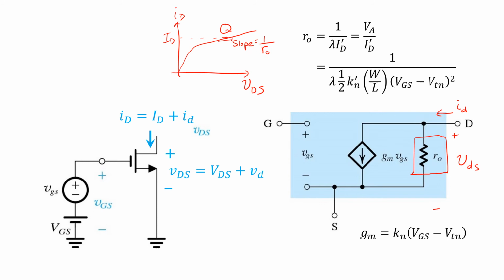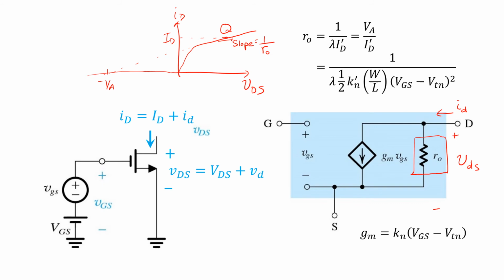And it's related to the early voltage, which is found by extrapolating this back to the x-axis, and the quiescent or DC operating point value of the drain current.